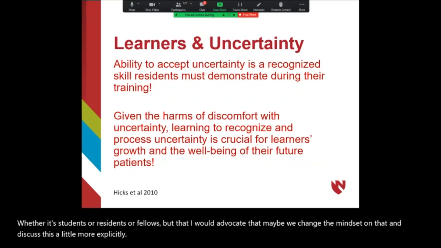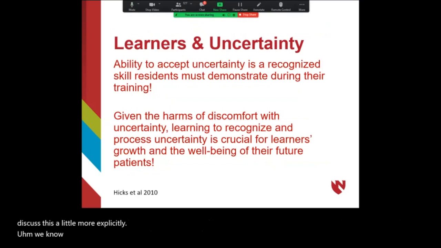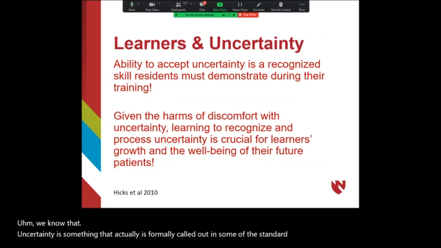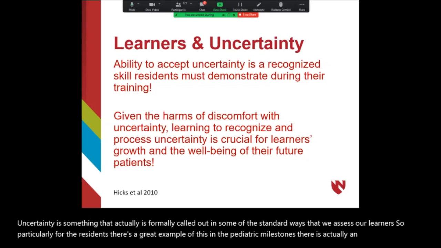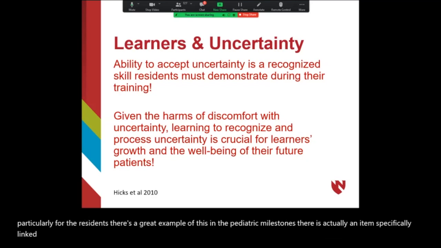We know that uncertainty is something that actually is formally called out in some of the standard ways that we assess our learners. So particularly for the residents, there's a great example of this in the pediatric milestones. There's an item specifically linked to them being able to deal with and recognize uncertainty in their practice.